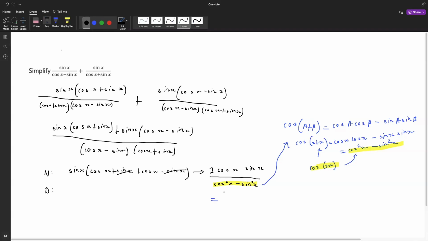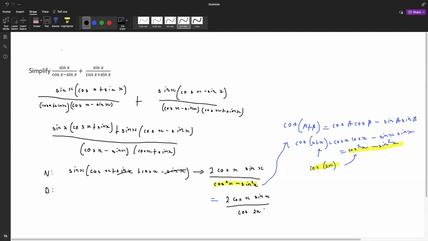This is equal to 2 cos x sine x over cos 2x. Okay? Now, what's the next thing we can do?